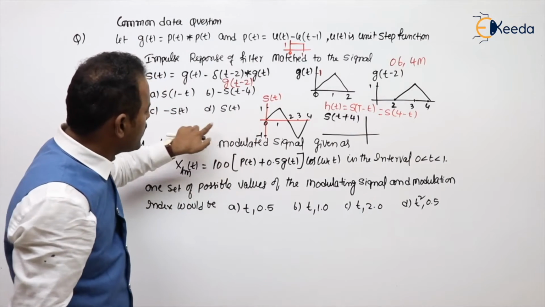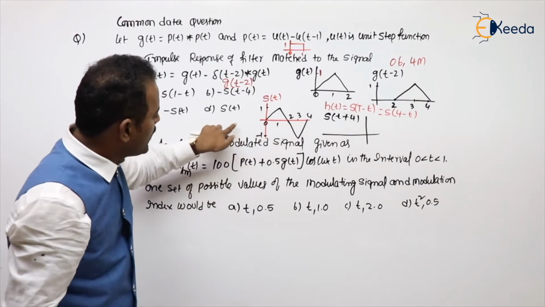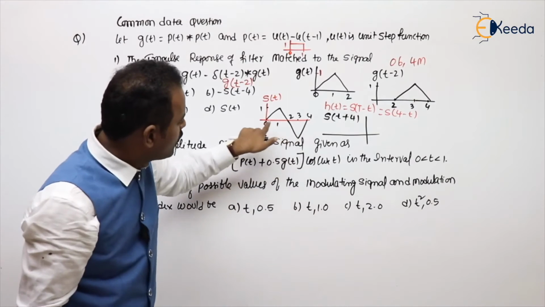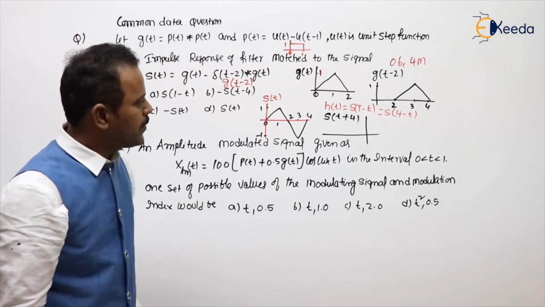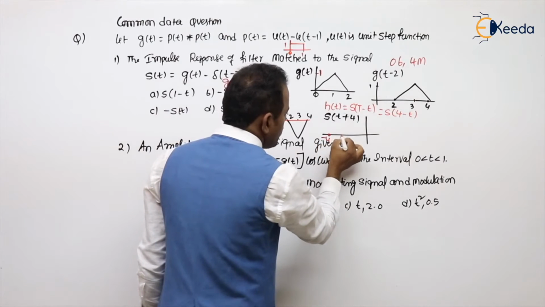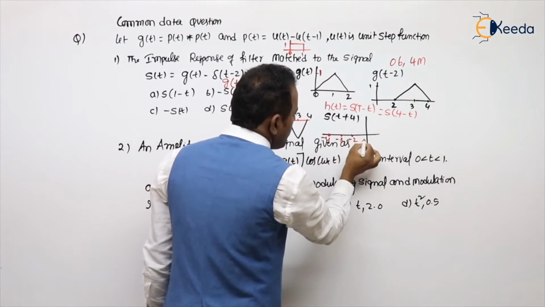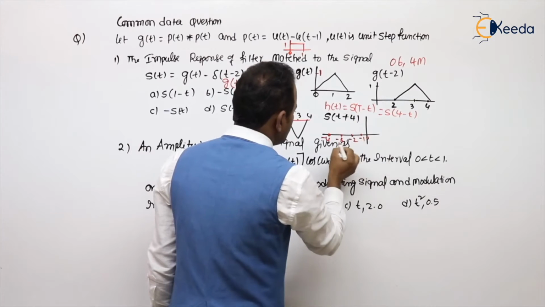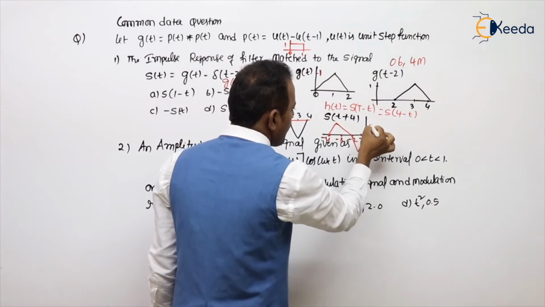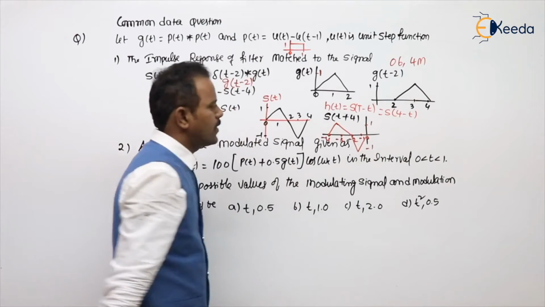So 0 will be at minus 4, 1 will be at minus 3, then 3 will be at minus 1, 4 will be at 0. Got my point or not? So minus 4, minus 3, minus 2, minus 1, 0. The same shape will be preserved. This is 1, this is minus 1.